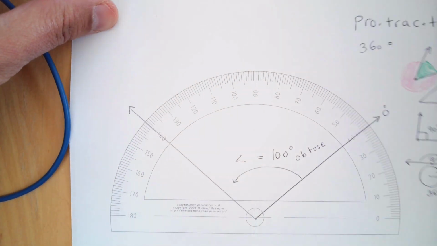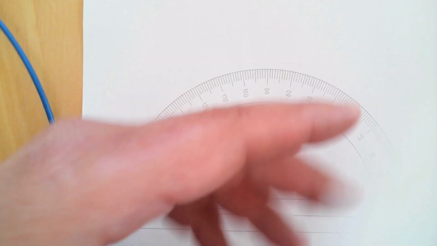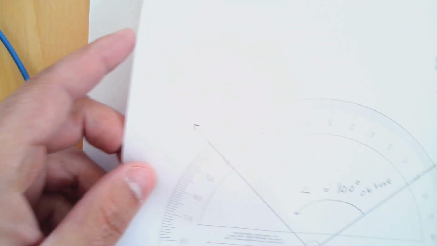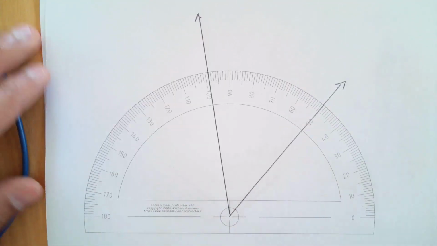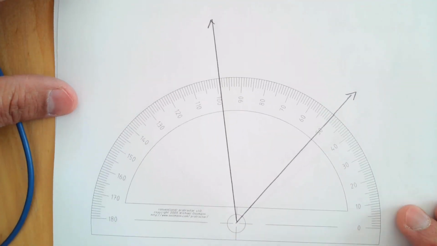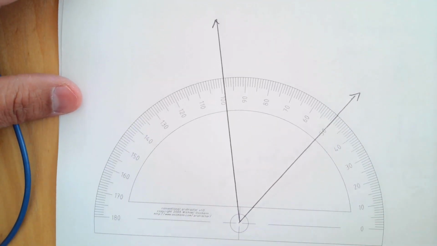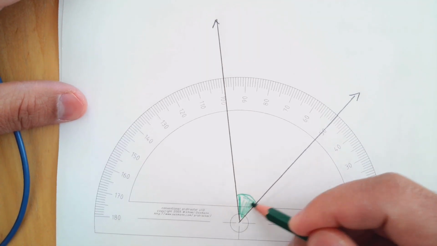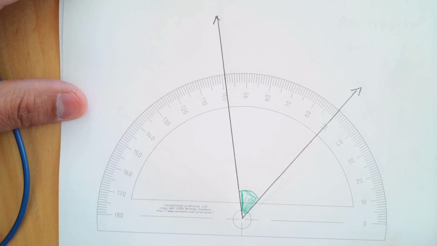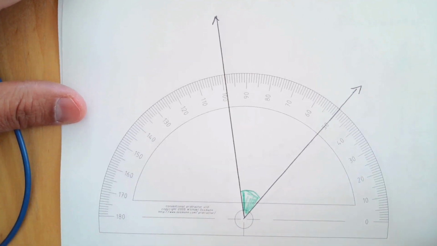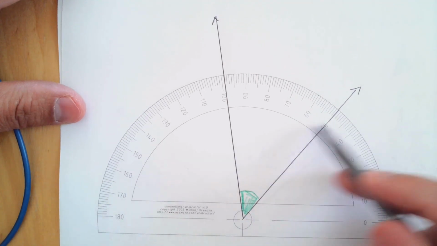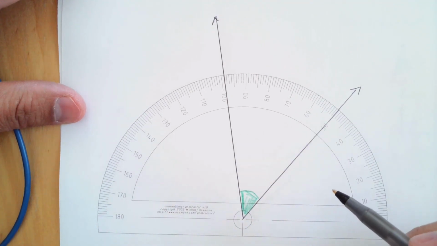Oops, this one doesn't have an angle here. Okay. So here we have another one. We want to find the measure of this angle. So we're going to start by setting one of these rays as 0.